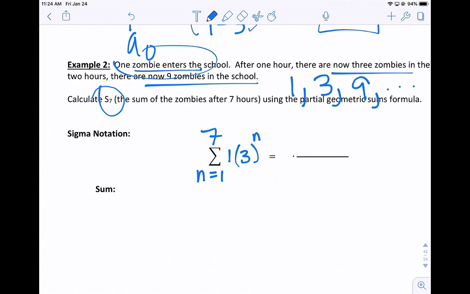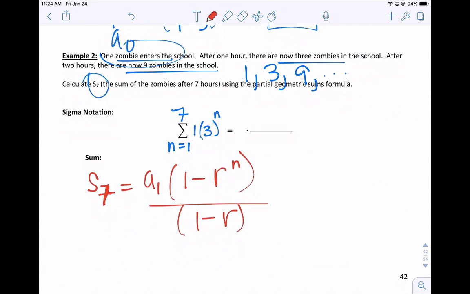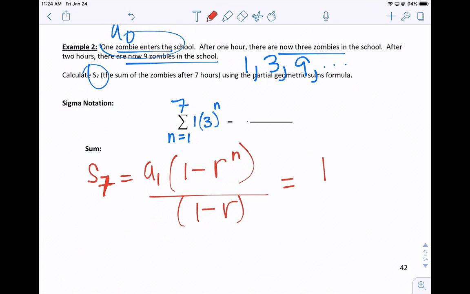All right, let's plug into the sum formula. Again, recall the sum of the first 7 terms will be the first term times 1 minus the ratio to the n power over 1 minus the ratio. So here we start with 1 zombie, 1 minus 3 to the 7th power over 1 minus 3.